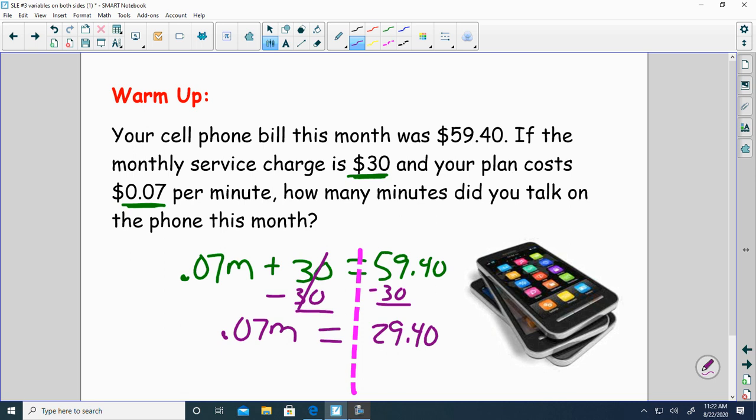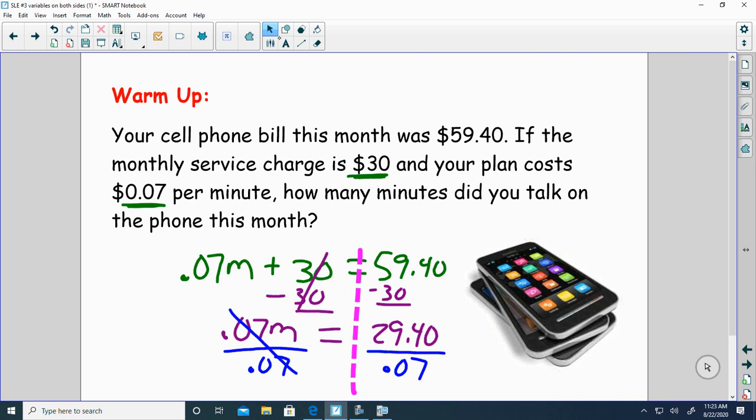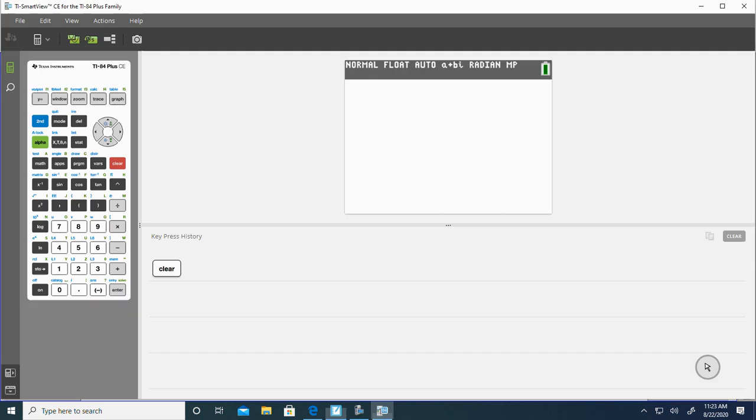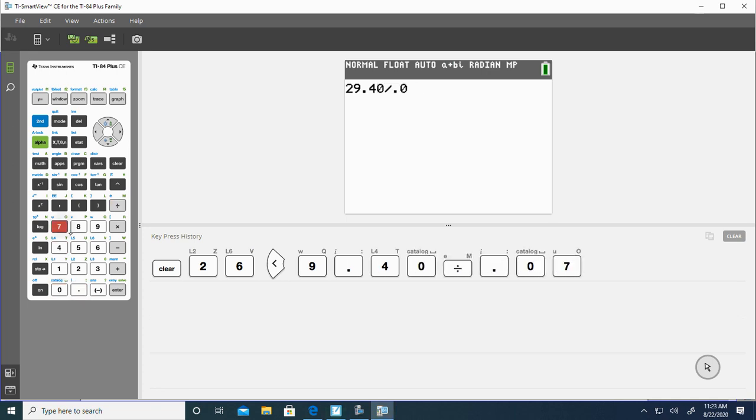Okay, so 0.07m is being multiplied times m, so I need to divide to undo it. So those cancel out, but make sure you do it on this side as well. So using a calculator, I'm going to switch over to a calculator page. 29.40 divided by 0.07.